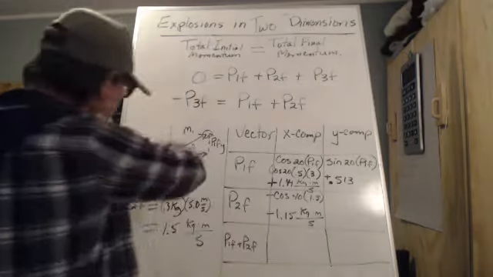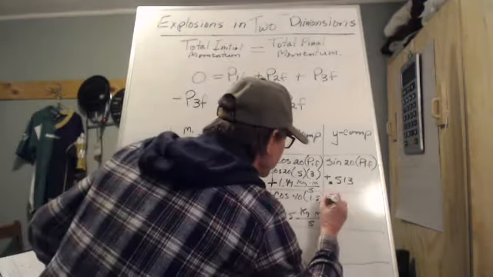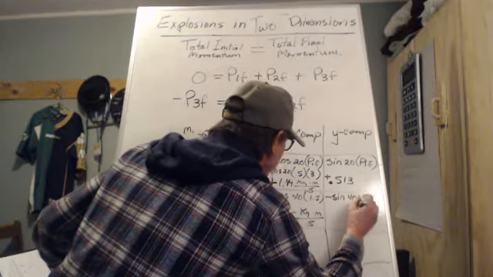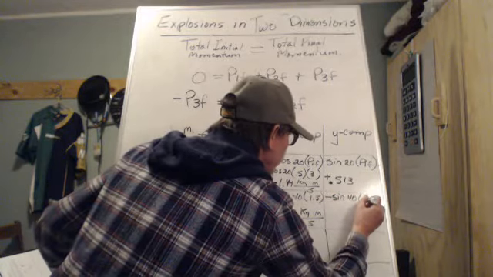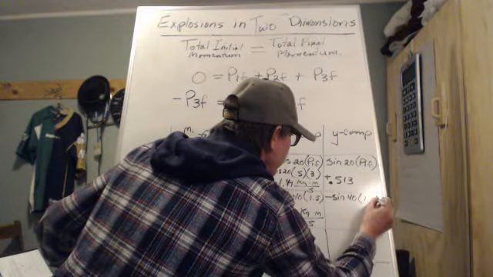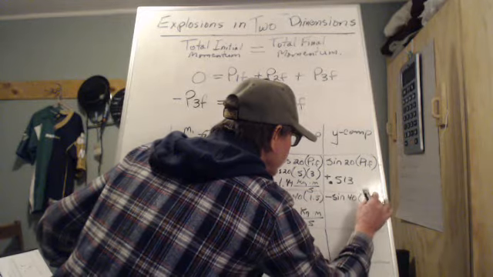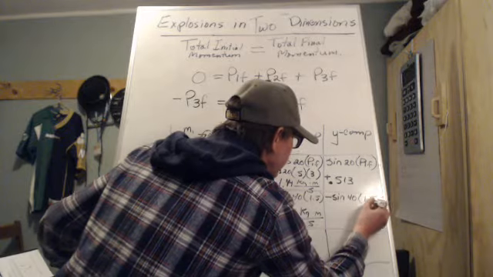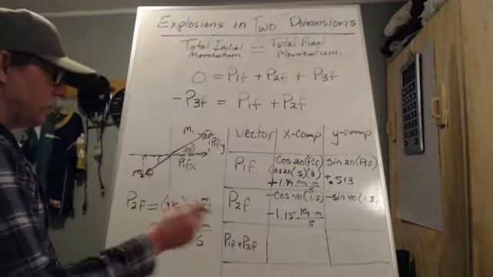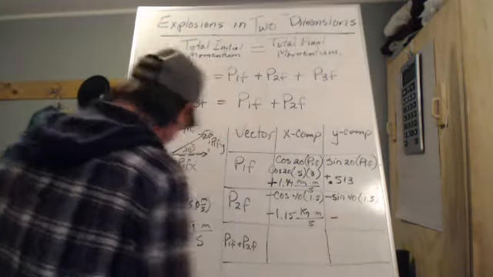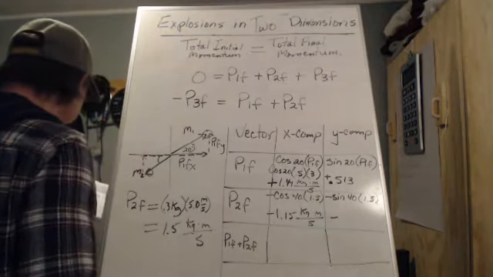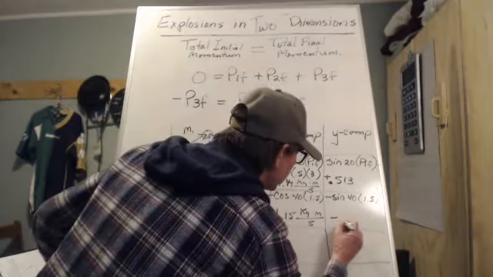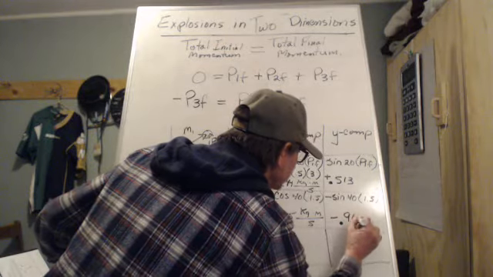And obviously this is going to be sine over here. Because it's going down, we're going to say it's negative sine 40 times 1.5, and that is going to result in negative 0.964.